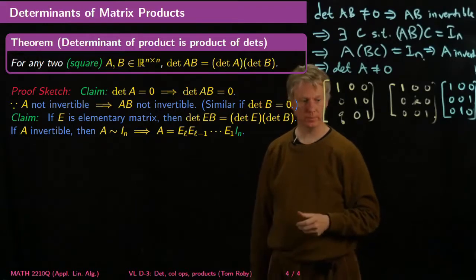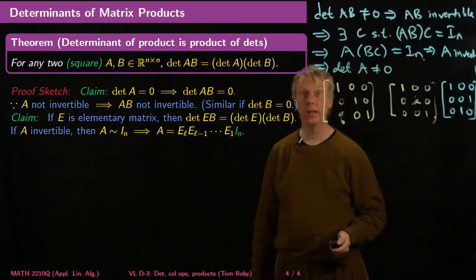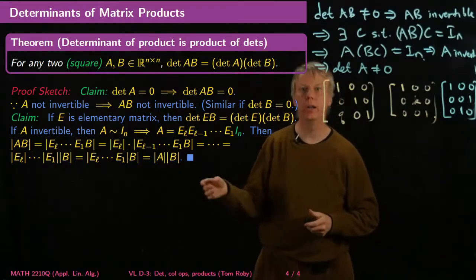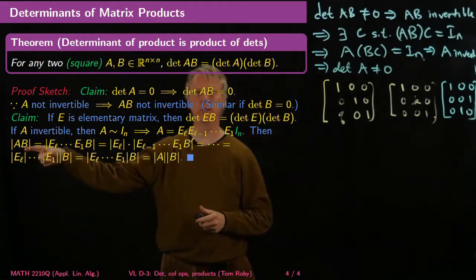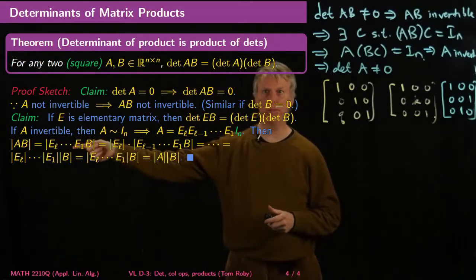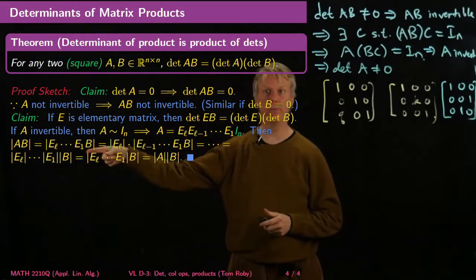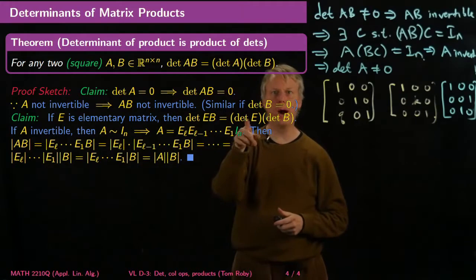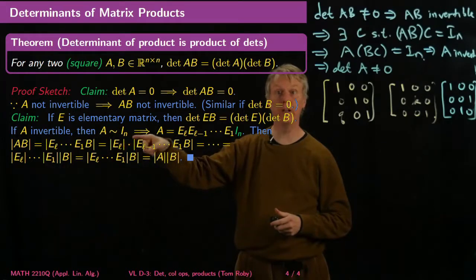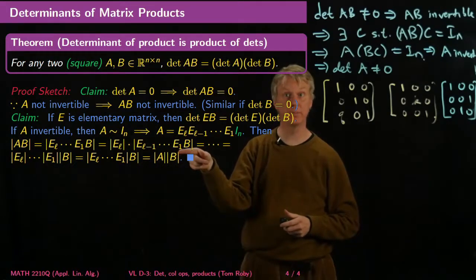Now you can't stop me from finishing the proof, because what's going to happen? Well, I want the determinant of the product of A and B. A I can replace with this product EL through E1. And now by this property, just for the elementary matrix, I can split off the determinant of EL times the determinant of the rest.